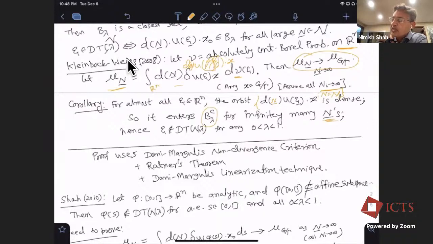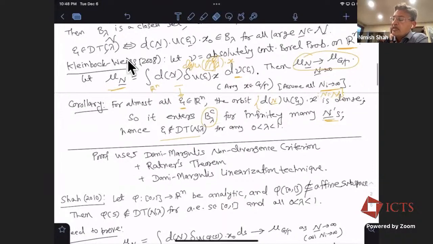One can deduce pretty easily, using the Lebesgue density theorem, that for almost all x in Rn, it actually enters B lambda C for infinitely many n in N. And hence you cannot have psi belong to Dt and lambda for any lambda less than 1, because this is a non-empty open set.